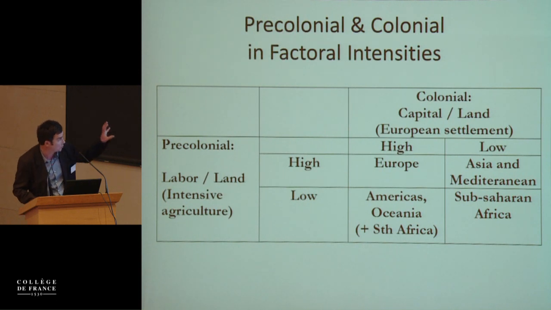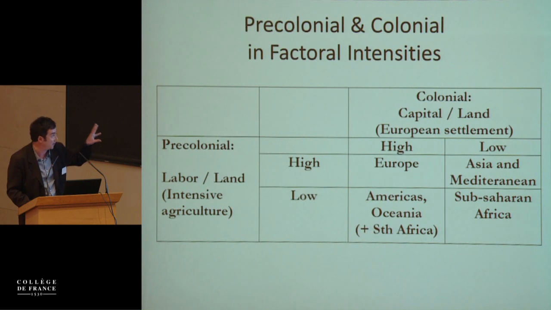The low ratio of labor to land is due to the extensive nature of African agriculture that contrasts very much with Asian agriculture, for instance, and is more similar to the indigenous agriculture of the Americas.